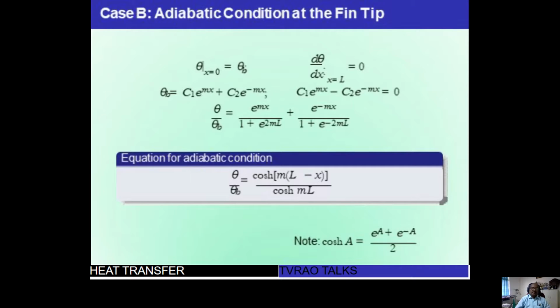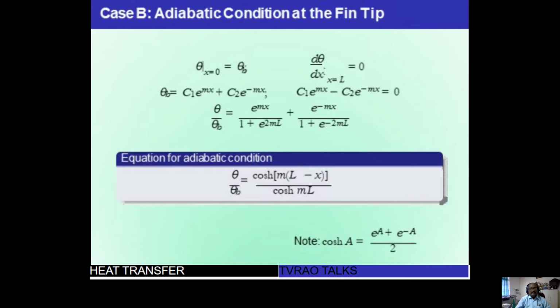Now this equation seems to be a hyperbolic equation. Hyperbolic means e to the power of a plus e to the power of minus a, by 2, is nothing but cosh a. So you can write this equation as cosh m into L minus x by cosh mL.